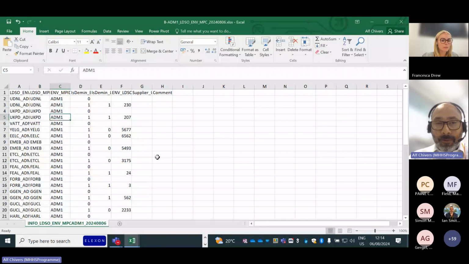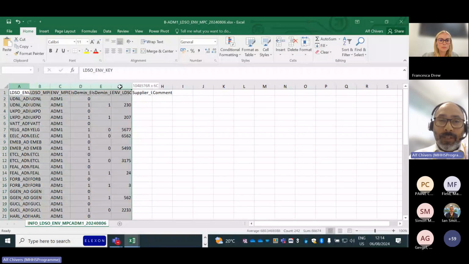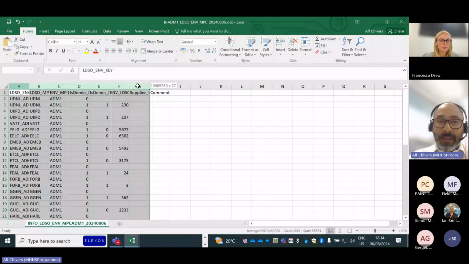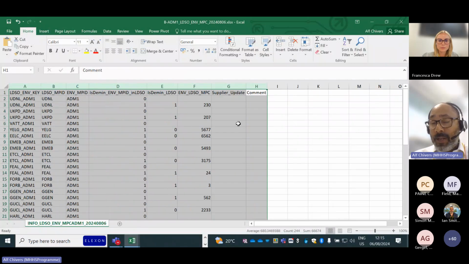As I said before, this is the LDSO level meter point counts, and furthermore, this has some additional information. And again, what we would seek you to do, and there may actually be no submission in a lot of these cases if you see nothing untoward in them and you agree with all the information in there, is just say that there's no submission for template C, as there's no comment to be made.